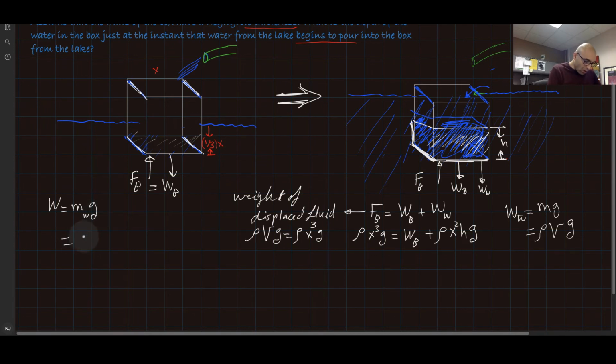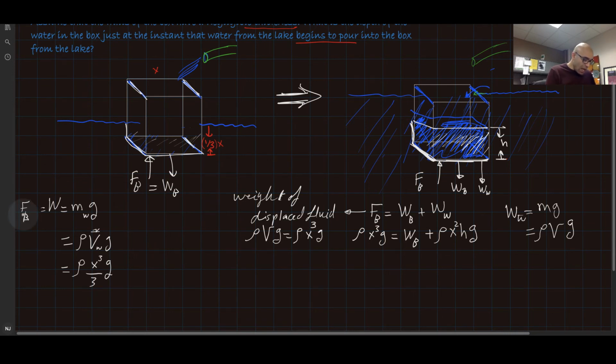The mass is rho times the volume, so this is rho x cubed divided by 3, times g.